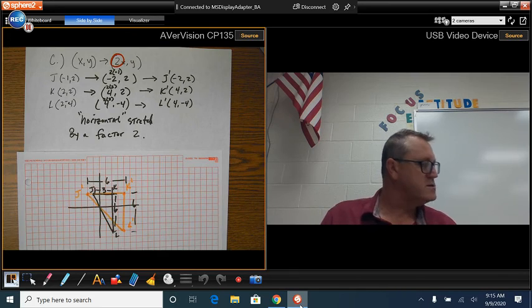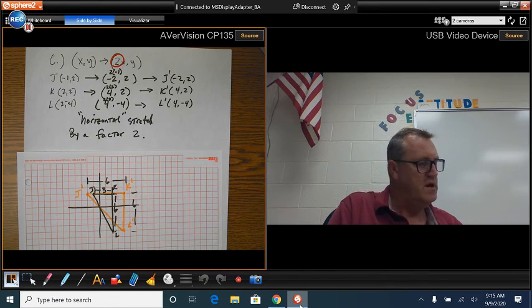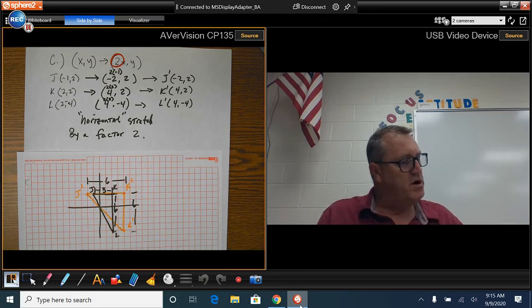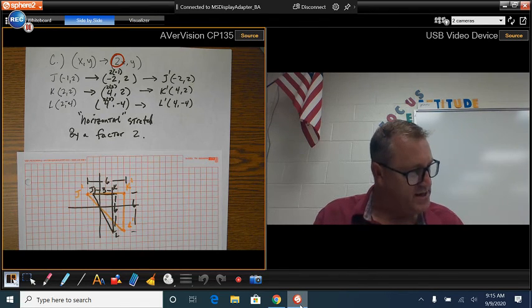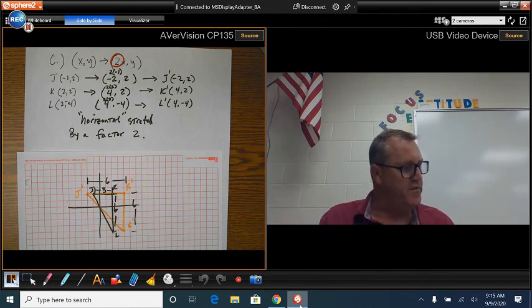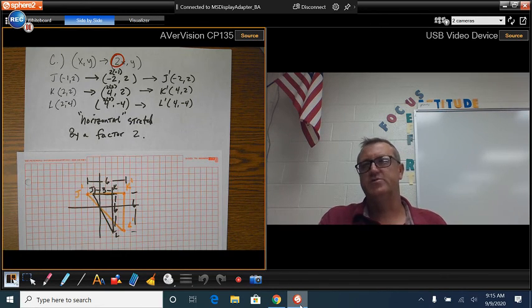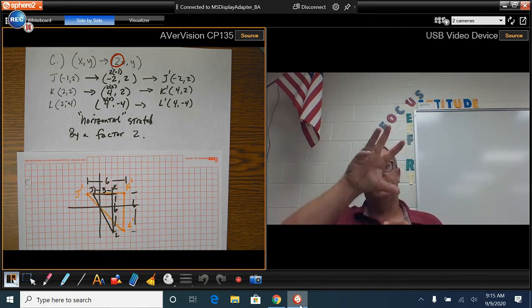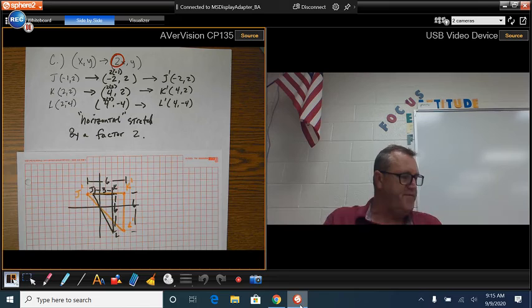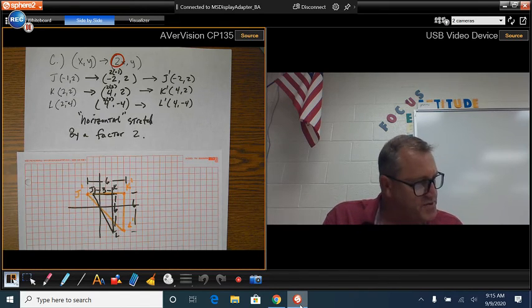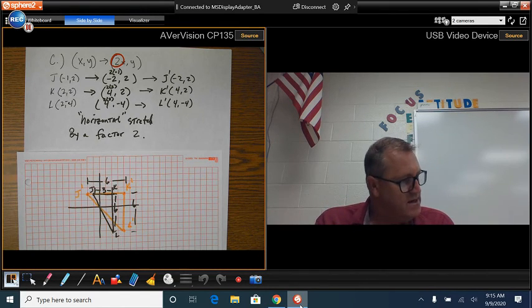Good. All right, let's go to the top of the next page, which is page 33. It says describing rigid motions using coordinate notation. We're talking about a rigid motion, that it preserves all kinds of different things. Here's the definitions. Rigid motions preserve distance. Rigid motions preserve angle measure.